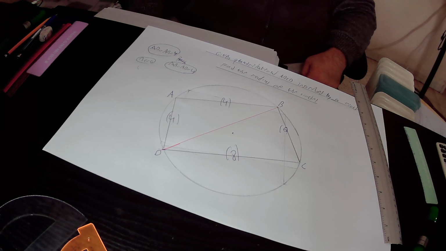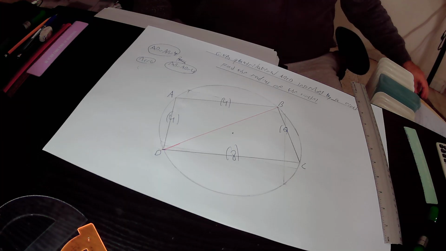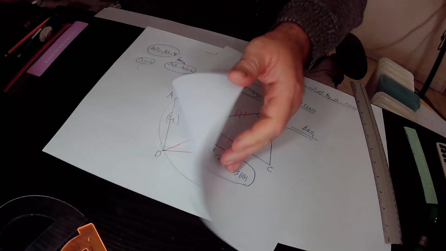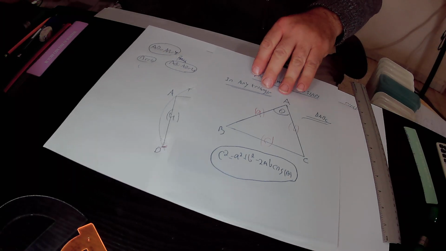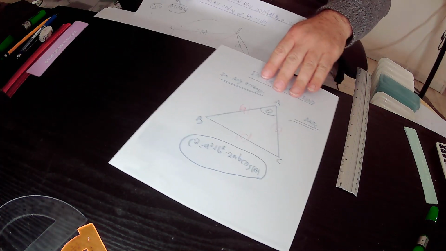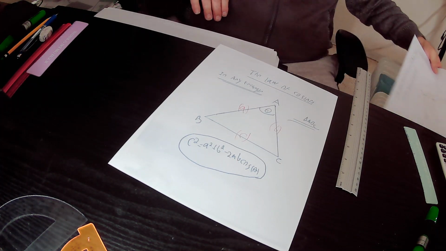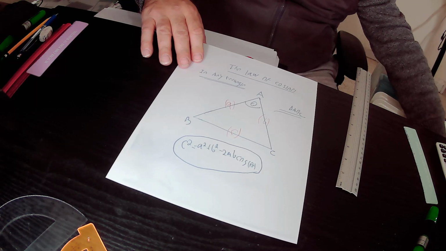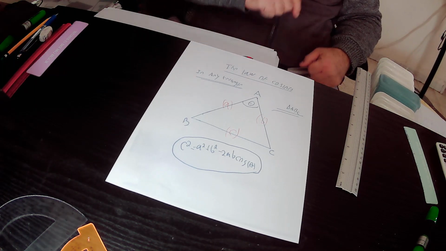So quickly on the law of cosines. The law of cosines is true in any triangle. This is a triangle ABC that could be any triangle.